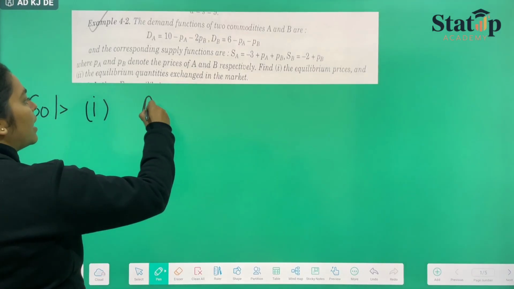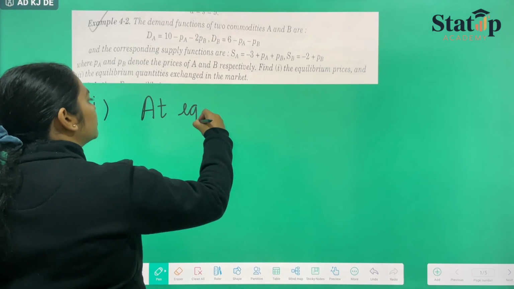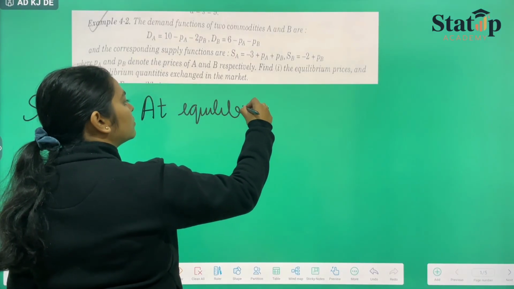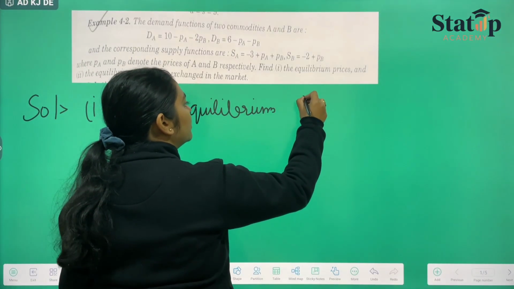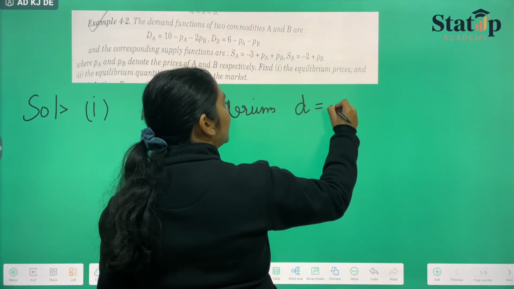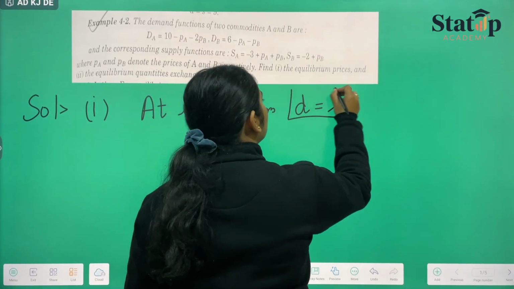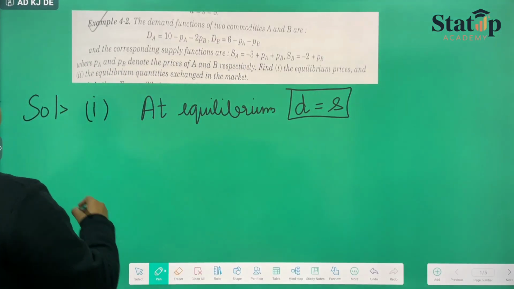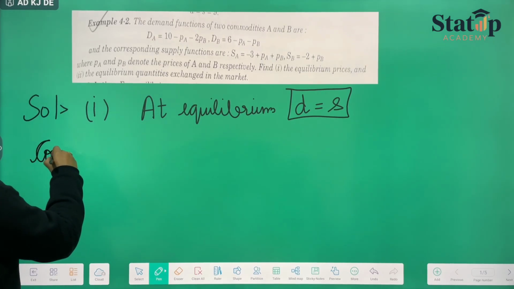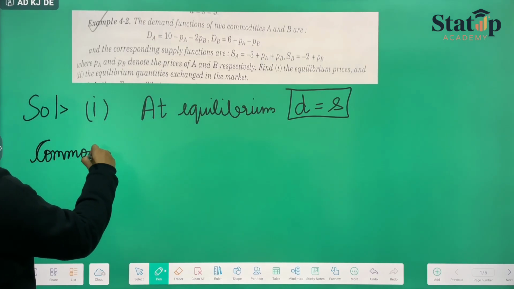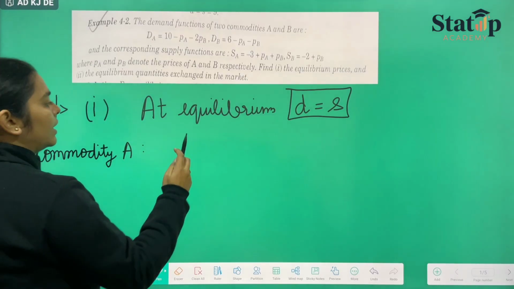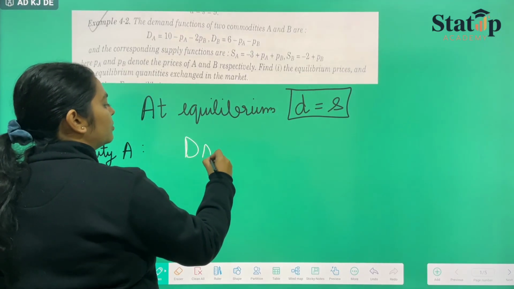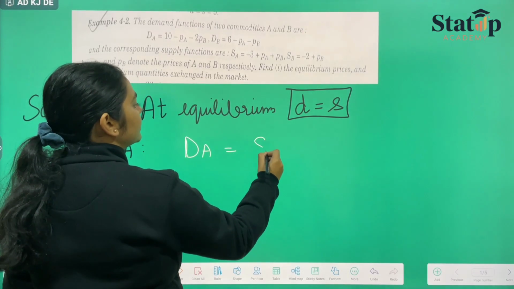We know that at equilibrium, demand is equal to supply. This is the formula. So first of all, we'll find for commodity A. For commodity A, DA should be equal to SA.